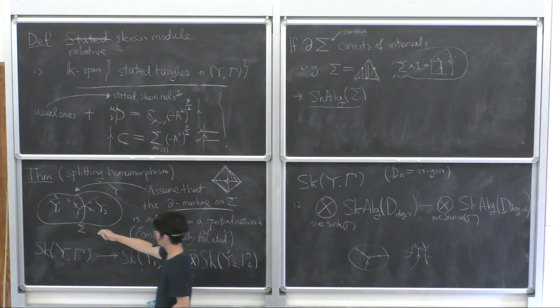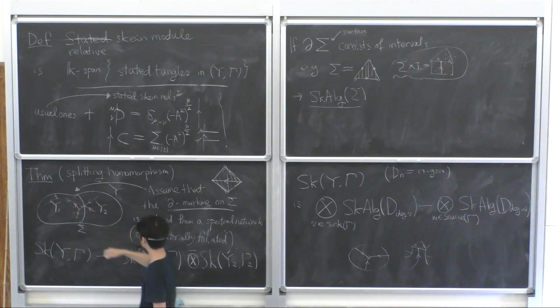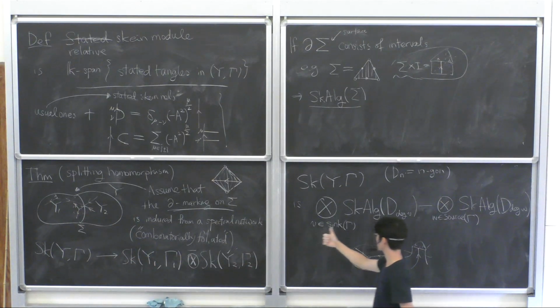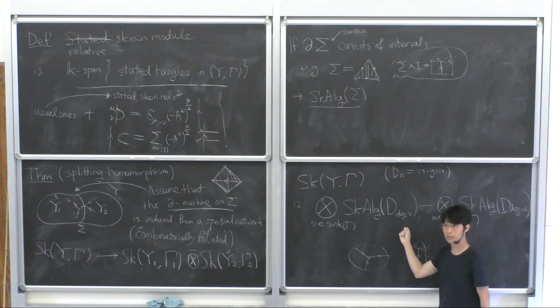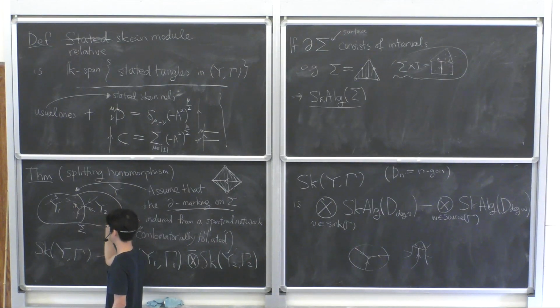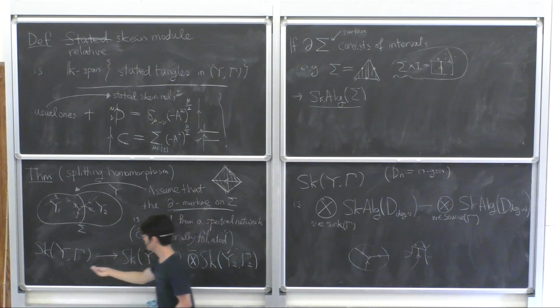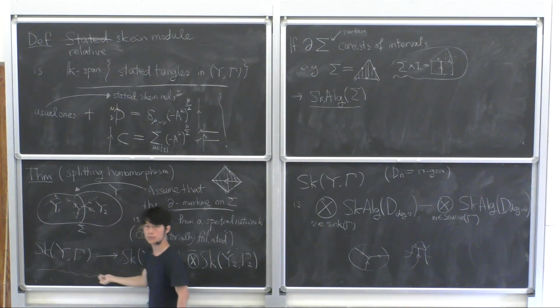Meaning, in this boundary marking, it can have some internal vertices. And remember that for each such vertex, we have this module structure. And so the action of the stated Skein algebra of that corresponding polygon on the left and the right should be identified. And once we have this, then we have this bimodule homomorphism.